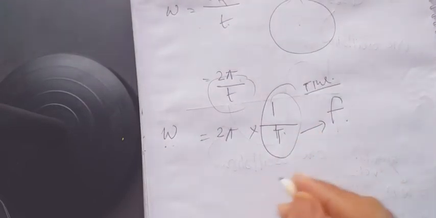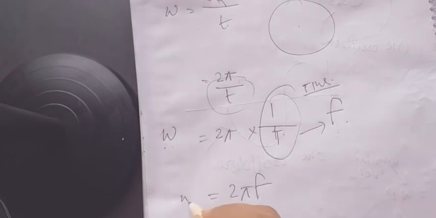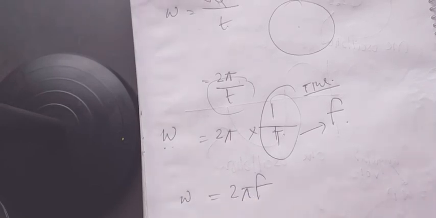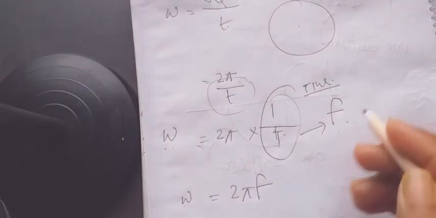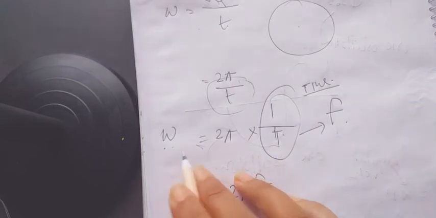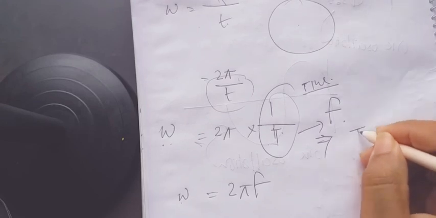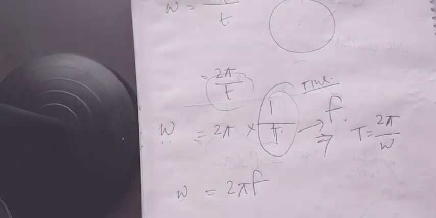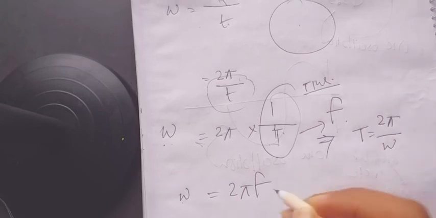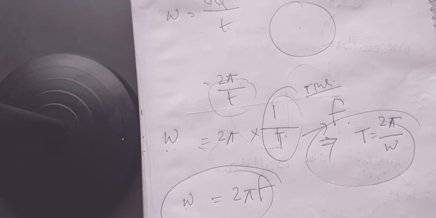So you could also be given the frequency, and thus you can easily calculate omega. So one is the omega-t relationship: if you're given t, you can find omega easily. If I rearrange it, t will be 2 pi divided by omega, and if you're given the frequency, you just use this. So in these two ways, you can easily find omega.